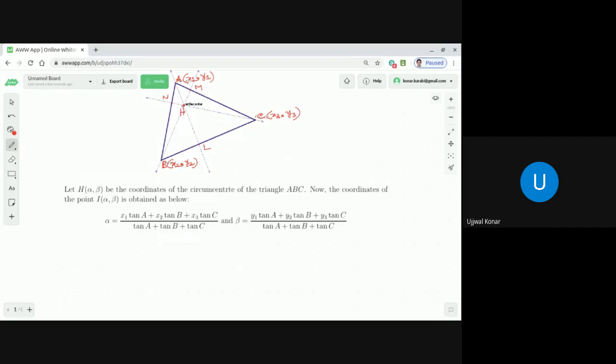As I said in the beginning, and a few times in between, if you just remember the x coordinate, we can find the y coordinate.